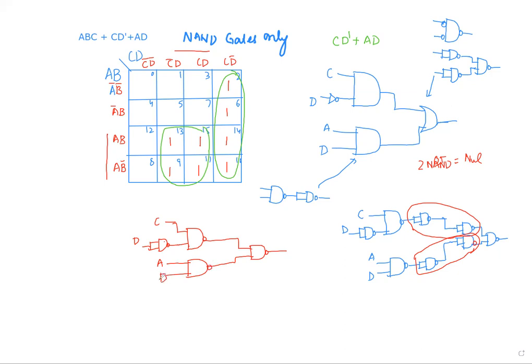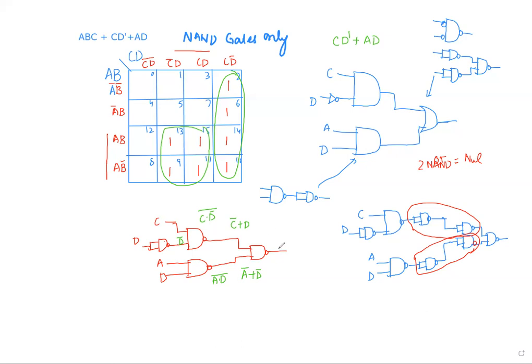Now I want you to look at this, and see that it gives this output. Here you can see C D bar, and here you get a bar after this, and here you get A D bar like this. So this gives you C bar plus D. D double bar is D, and this gives you A plus D bar.